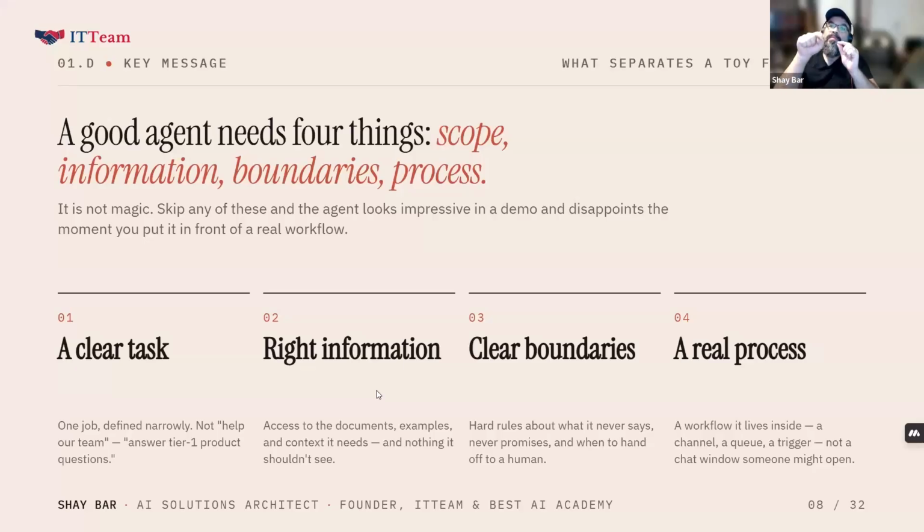Now she will go to my command center, the ITTeam command center, and understand: is it a customer or a potential customer? Who is he? And then she has enough information to decide it's a customer, this is urgent, and he needs Shai's assistance fast. And then she will ping me, which is another automation, on Telegram. Make sense?